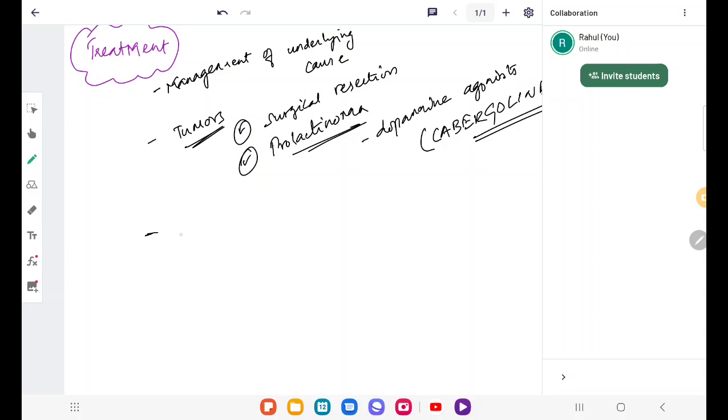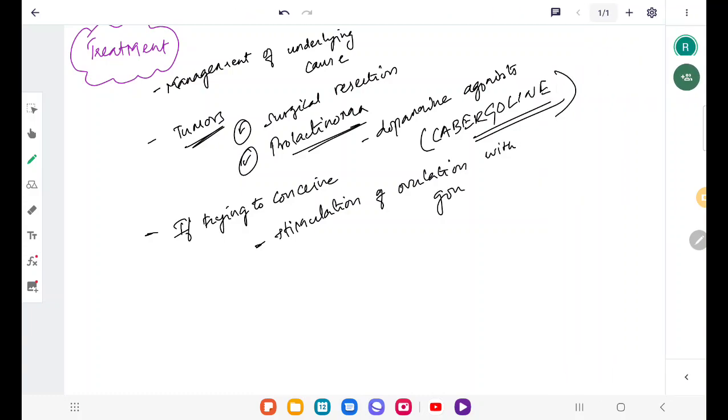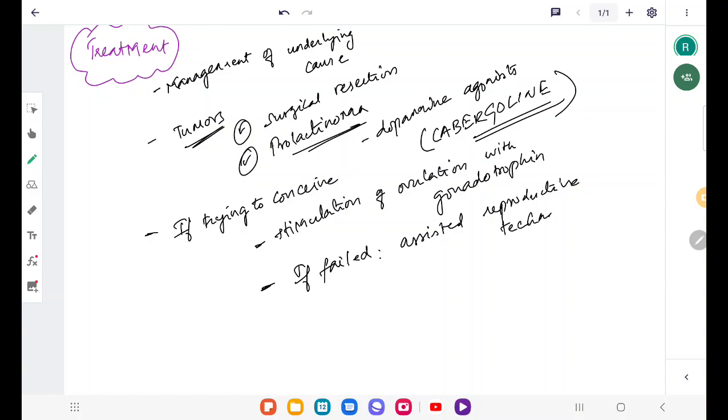And just in case if the female is trying to conceive, we shall perform stimulation of ovulation with gonadotropin. If it fails, assisted reproductive technology can be used for the patient who is trying to conceive.